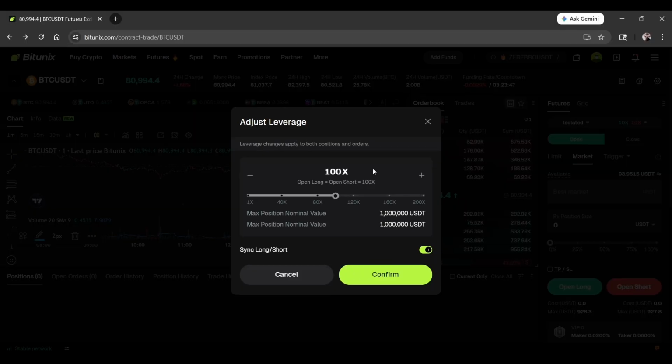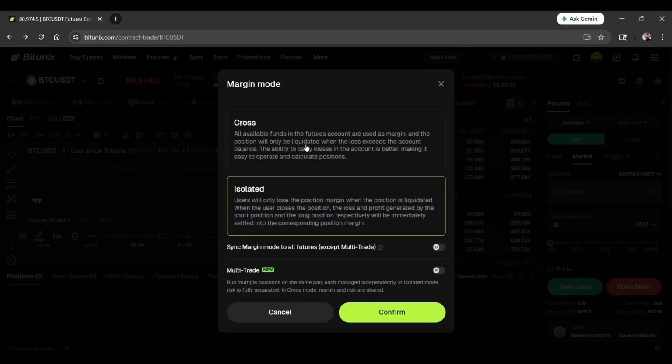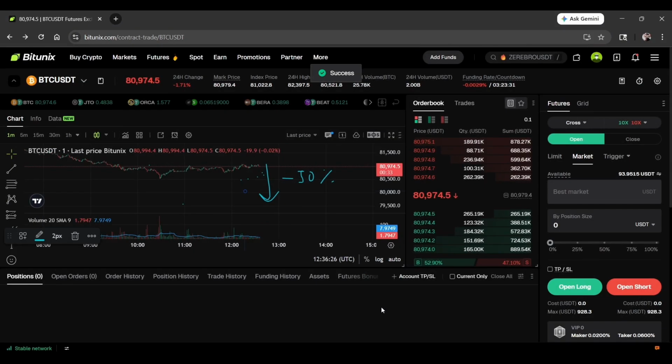If I'm on 100x leverage, then my liquidation price is going to be about 1% away. So on isolated, my liquidation price is always going to be that fixed amount, relative to the leverage. And on cross, my liquidation is always going to be based on how big of a trade I'm actually taking. Okay? So that's the small differences between isolated and cross.